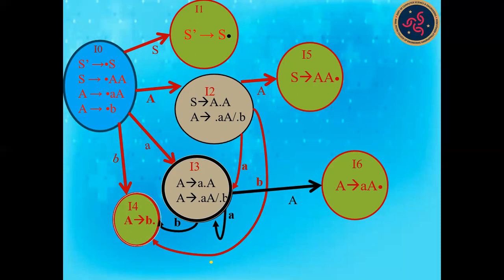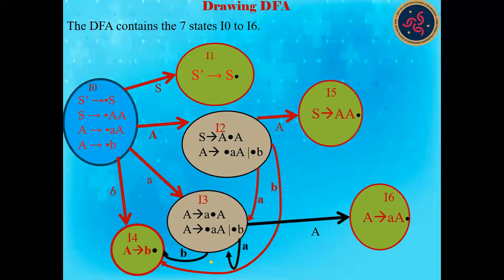So here we have created a DFA, and it has 7 states, that is from I0 to I7. These are the different steps you need to construct a DFA. Whenever we apply a goto function, we need to check for closure also. That is a main point that we should be careful about.